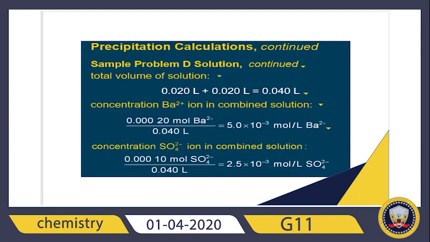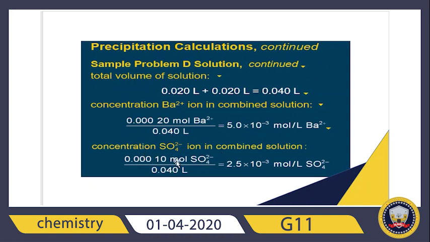So now the concentration of these ions will be equal to 5 times 10 to the negative 3 mole per liter. The same goes for the sulfate ion. The concentration of sulfate ion in the combined solution is equal to what?